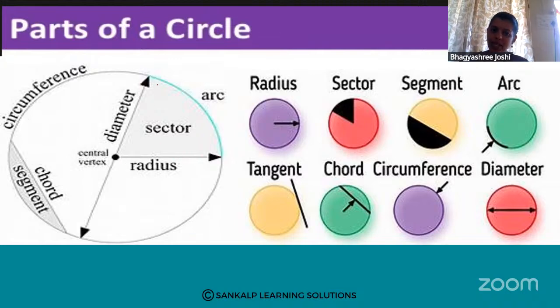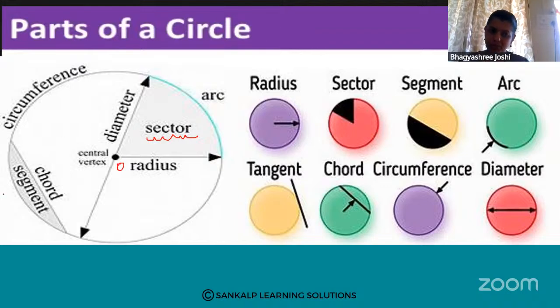If we take another radius, the area enclosed between two radii, we call a sector. Next, what do you mean by diameter? The chord which passes through the center of the circle is called the diameter of the circle.